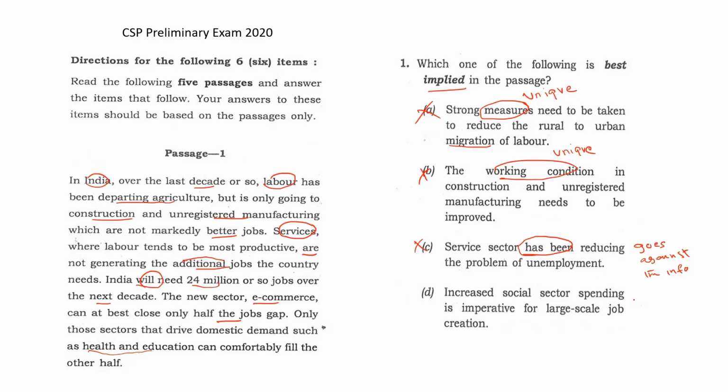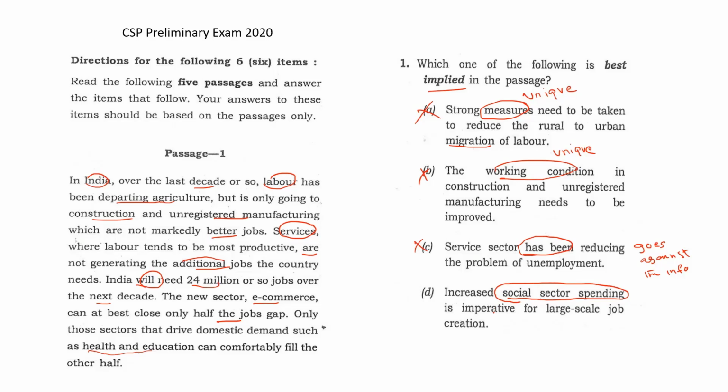Now let us see whether option D is supported, whether we have information that supports option D. Increase social sector spending. Is there any social sector spending mentioned in the passage? We have already eliminated 3 options. Now we ask ourselves, where is social sector spending?